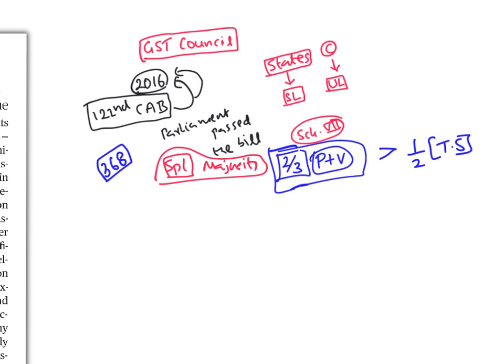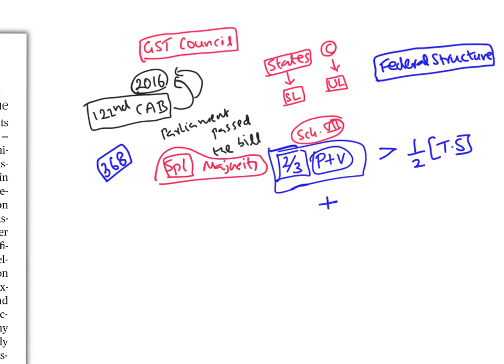Before that, I would also like to remind you that this GST tax system affects the federal structure, because the center is not the only party involved here. States are also involved. States' revenues are also going to be affected because of this new tax regime. Since the federal structure is getting affected, apart from getting a special majority in the Parliament, there is one more condition that needs to be fulfilled.